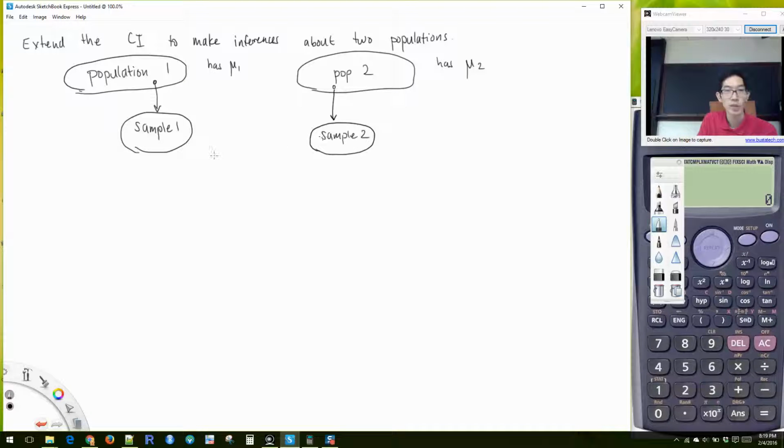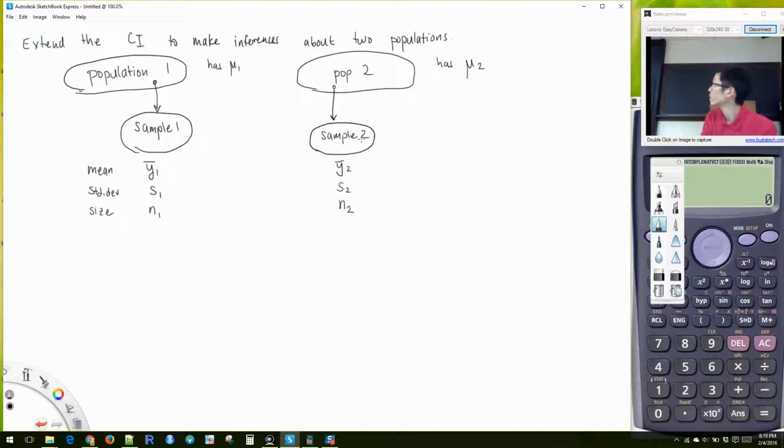Okay? So sample 1 will have mean y bar 1, standard deviation S1, and size N1. Sample 2 will have y bar 2, S2, and N2. So the samples don't even have to be the same size, and that's fine.